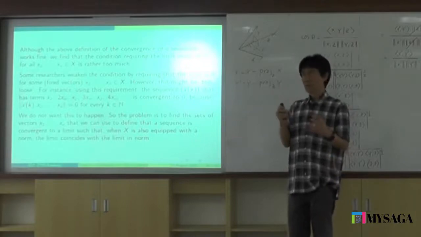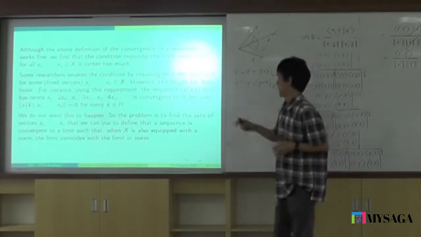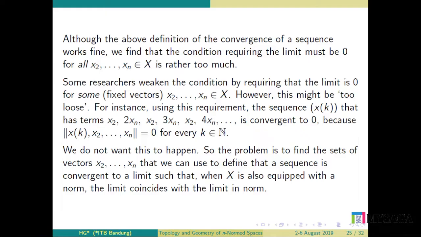But then this is too loose. For instance, using this requirement, the sequence x of k that has terms like this converges to 0, because when you put x of k here, you see there is always x2 popping in.